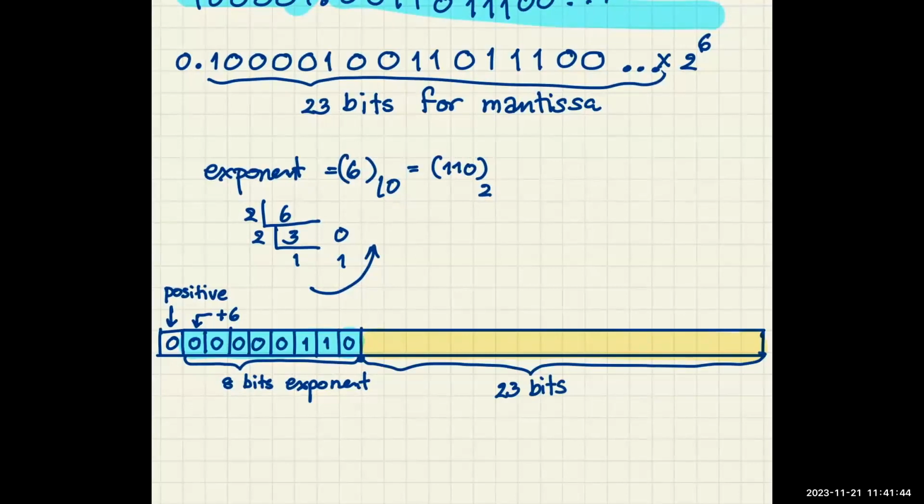So you plug in 1, 0, 0, 0, 0, 1, 0, 0, 1, 1, 0, 1, 1, 1, 0, 0, 0, and so on. But you can store only 23 bits. This is how you store in the normal one, the standard one.